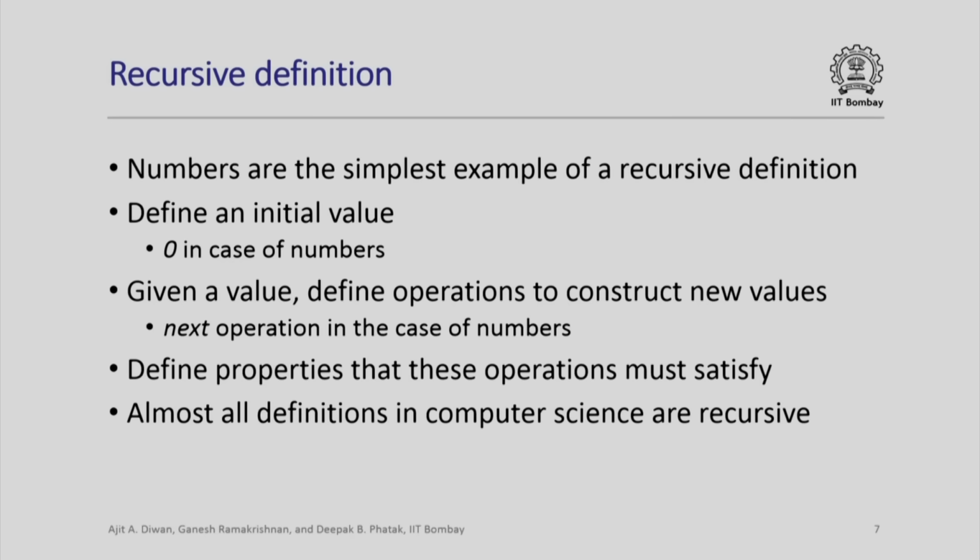You will have some initial values given, and you will have some operations which will generate more values of this kind. And almost all examples of data types that you see in computer science will be defined recursively in this fashion. We may also specify that these operations must satisfy certain properties, that they are not arbitrary operations.